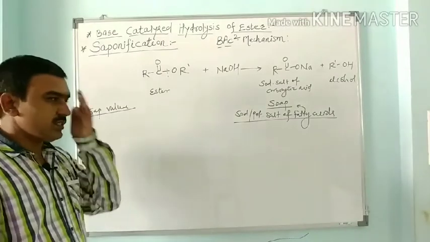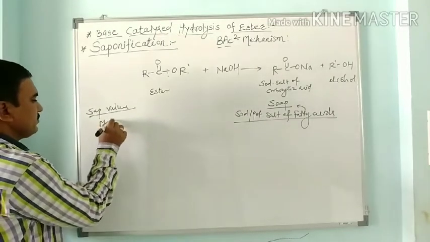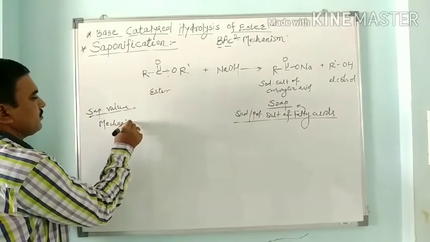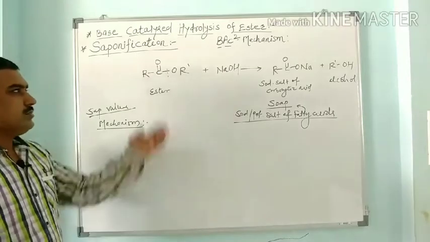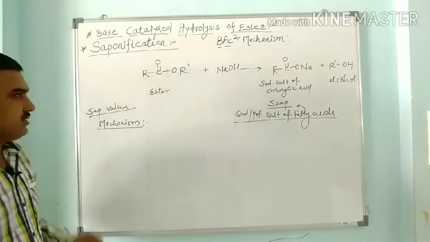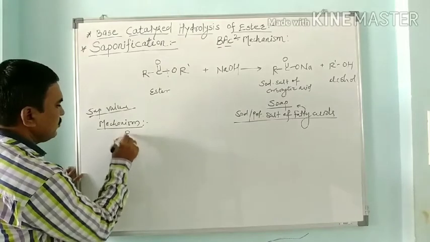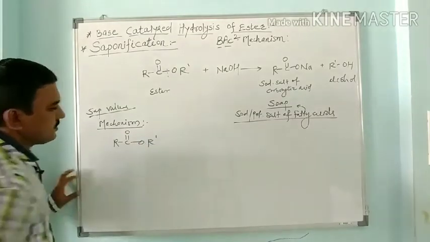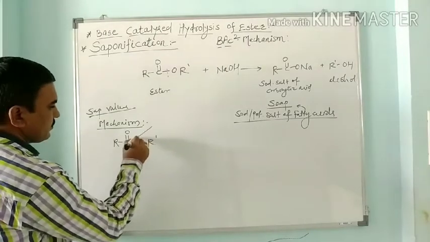Now here we have to discuss its mechanism. Here RCOOR dash, this ester we have taken. So this bond here is the acyl oxygen bond.